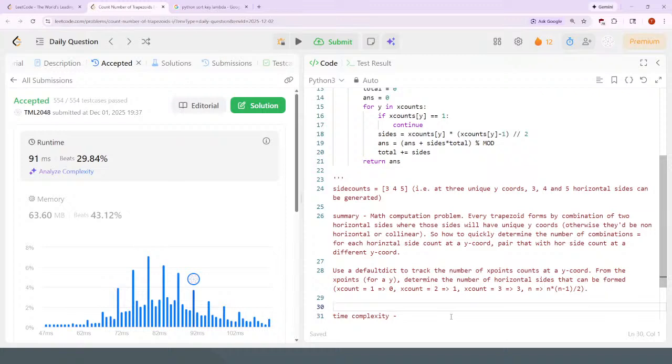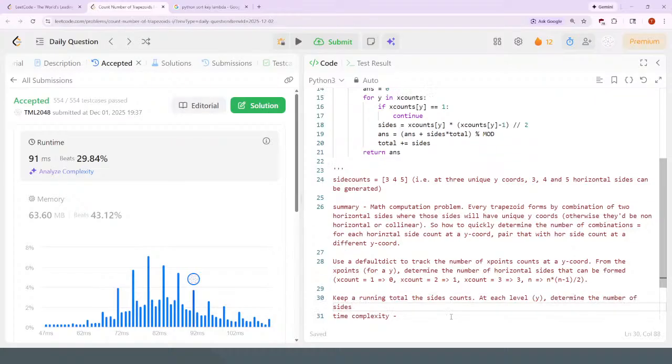And then iterate over and keep a running total of the side counts at each level. By level I mean the y coordinate. Determine the number of sides based on the x counts.